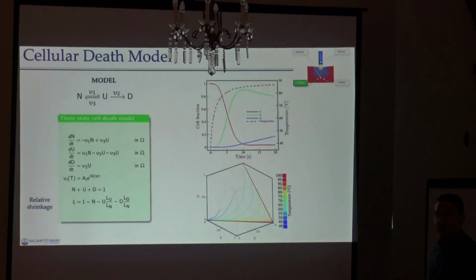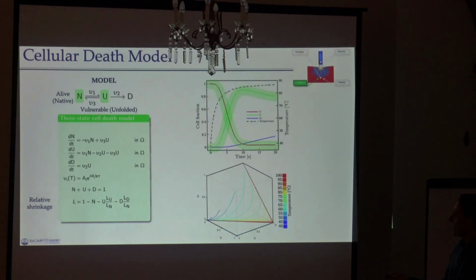And in fact, this is the model that we use. This is a three-state model for the cellular death. Basically, we consider that cells can be in the alive state, so they are happy. But once we stress the cells with a higher temperature, they eventually pass through a vulnerable state.